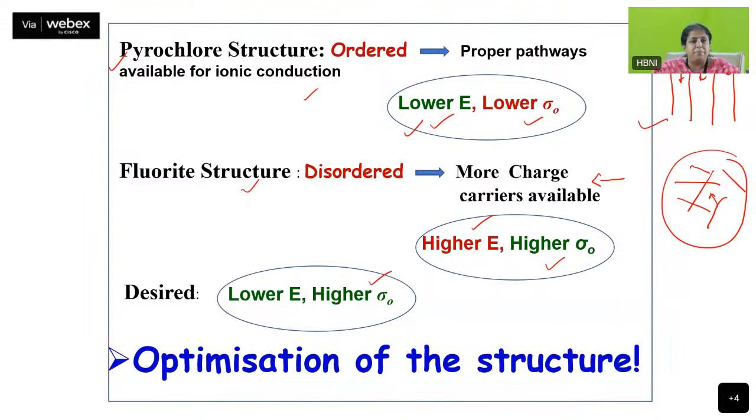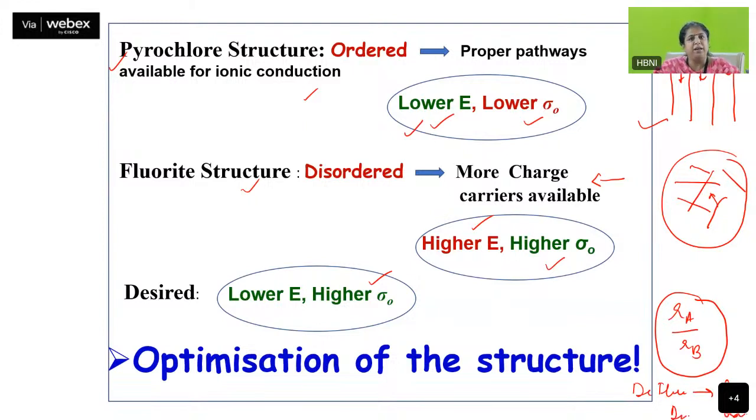Because if you remember, I told you in the last class that by varying RA by RB, rather by controlling this particular factor, I can very slowly move from a defect fluorite to the pyrochlore. I'm moving from disorder to order region.